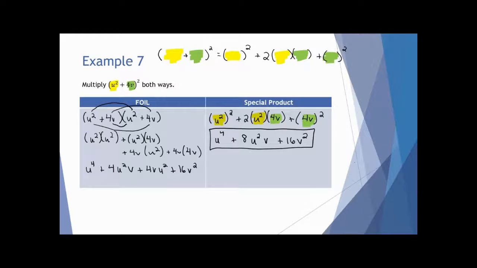So those can be combined. So 4 plus 4 is 8. So we get u to the fourth plus 8, and then it doesn't matter which one you write, but I usually do the u squared v plus 16v squared. So you get the same answer as using the shortcut, just with more steps.